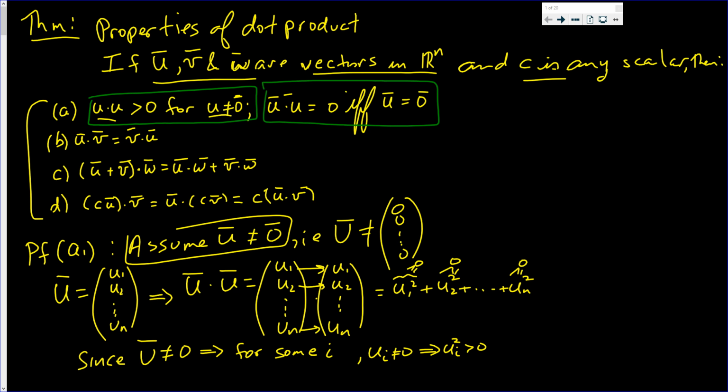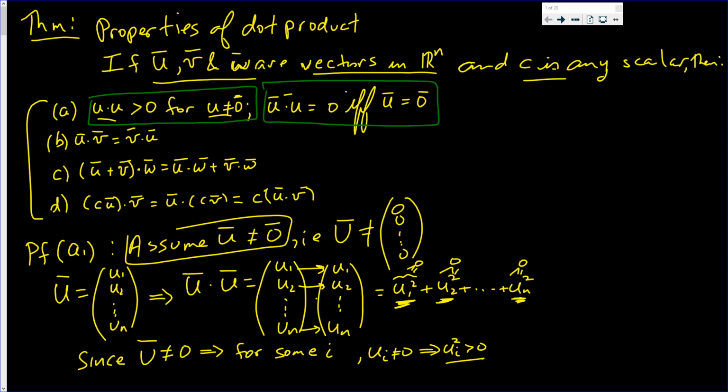Now, if this number is 0 or positive, and that number is 0 or positive, and that number is 0 or positive, the sum can be 0. But one of these is positive.